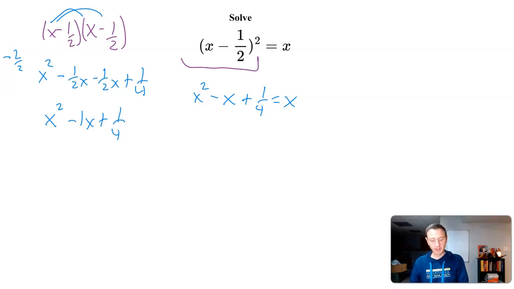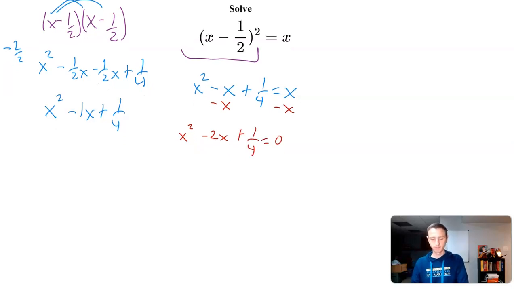My next thought process is to probably just subtract x and set it equal to 0, and then we'll go from there. So I'll have x squared minus 2x plus a fourth equal to 0. Now I'm in a weird situation where I have a number of options. First, I have the option to wipe out this denominator of 4 by multiplying everything by 4, which I think I'm going to do.